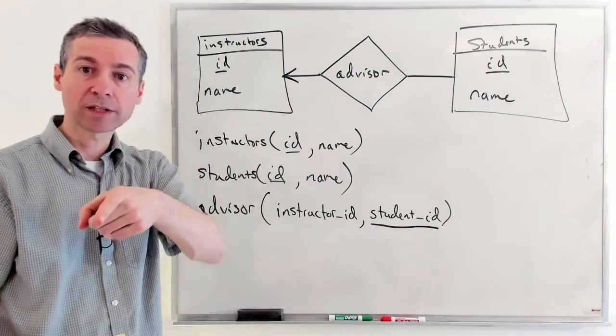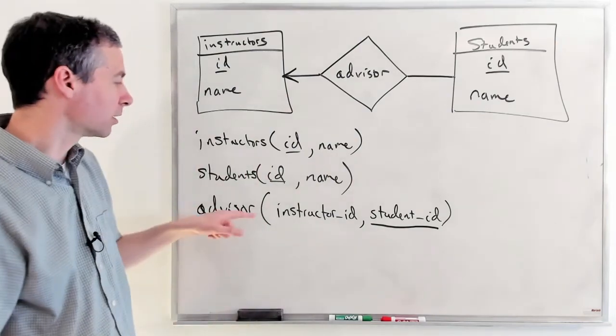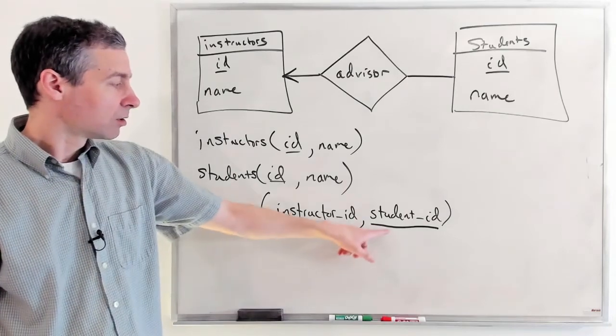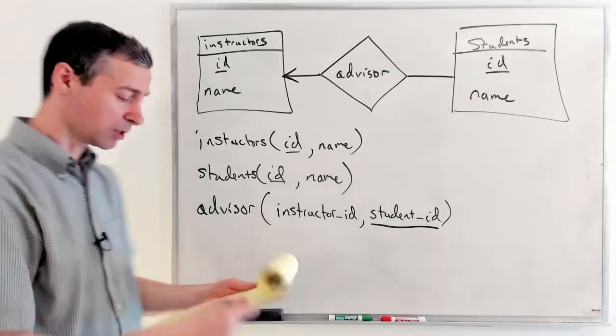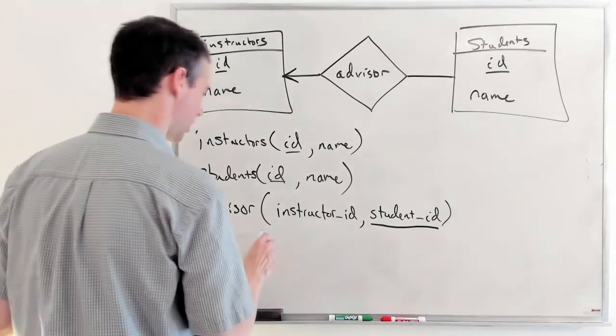Great, but we're not done yet. No siree, we aren't. Because these guys here are foreign keys, and we want to tell the world, we want to tell our database about our foreign keys.